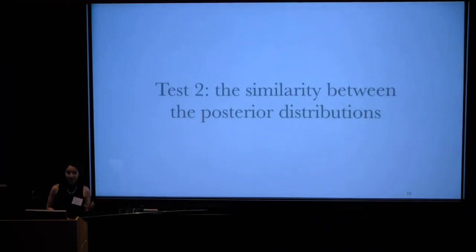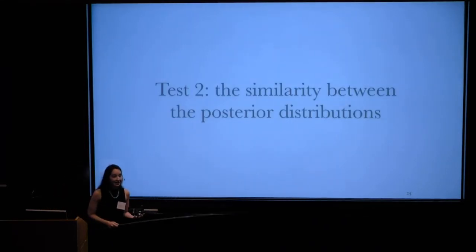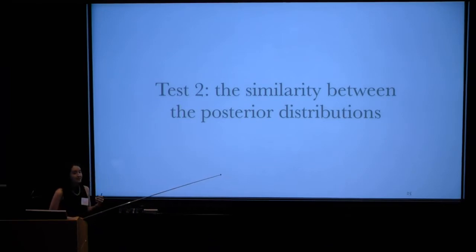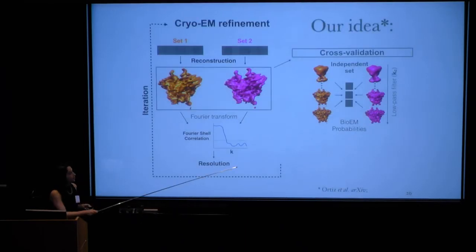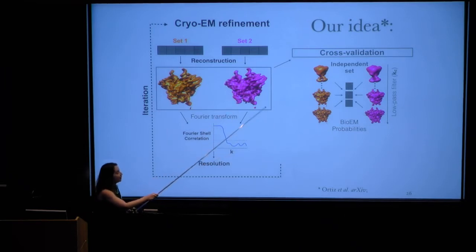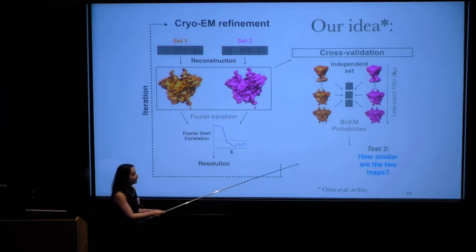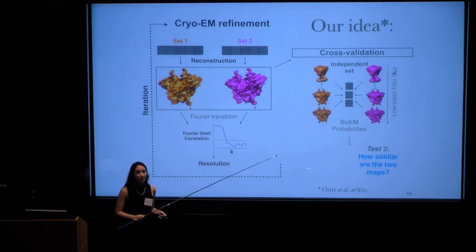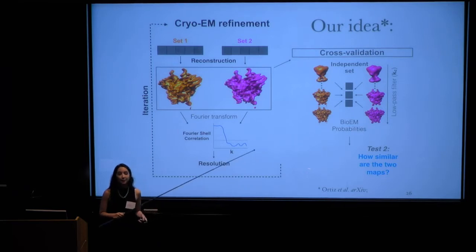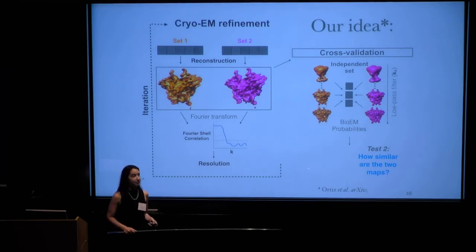So now I want to explain the second test, which is the similarity between the posterior distributions over the control set. We have exactly the same methodology at each iteration. We low-pass filter the maps. And now we want to ask ourselves, how similar are the two maps, given the posterior probability distribution?